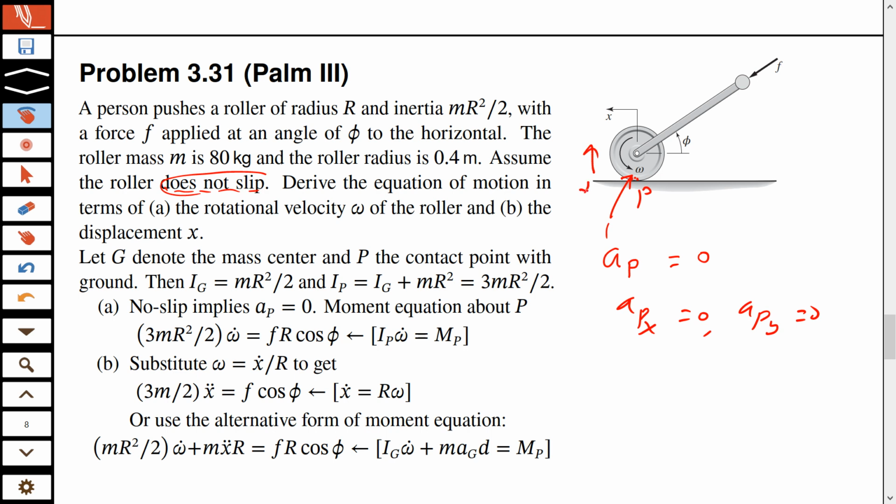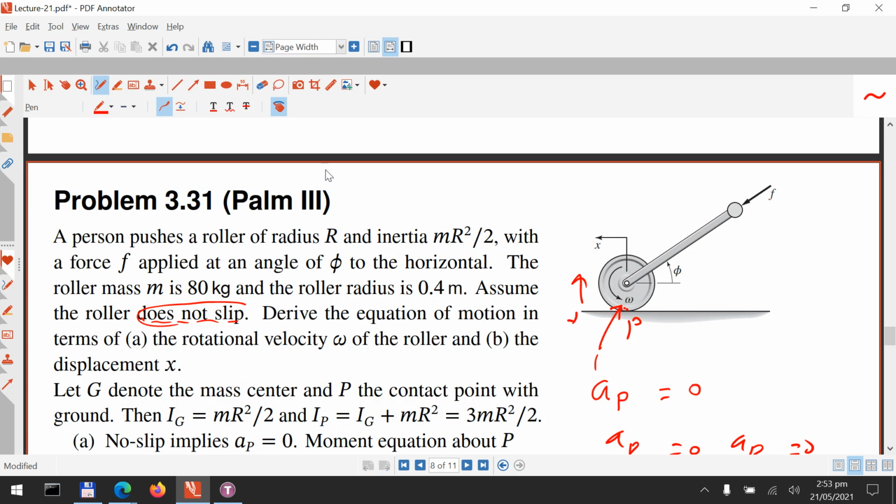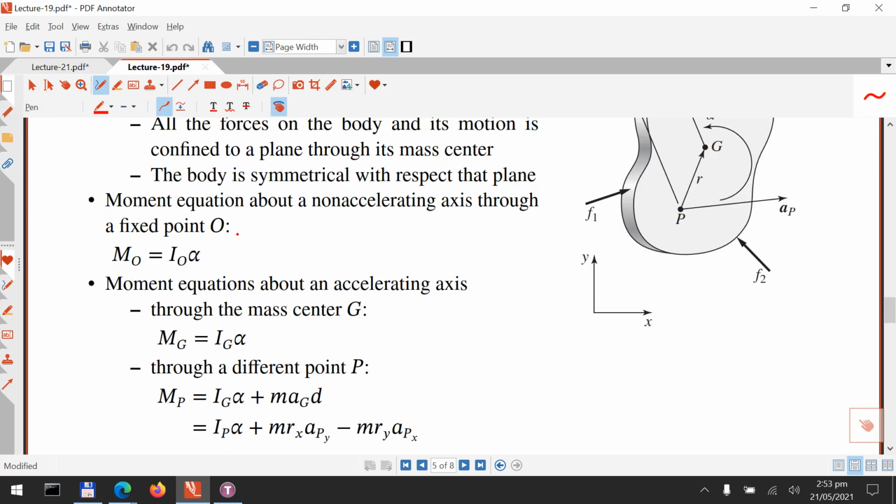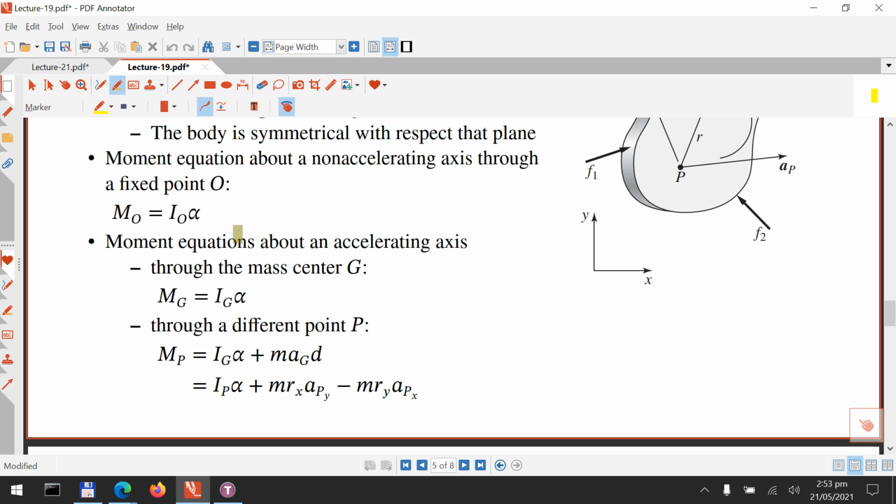Jumping भी नहीं हो रही ना, कोई jumping नहीं है. So which means that if we use this formula, even if you use this formula, this APX is 0 and this APY is 0, and we still are left with a simple formula.